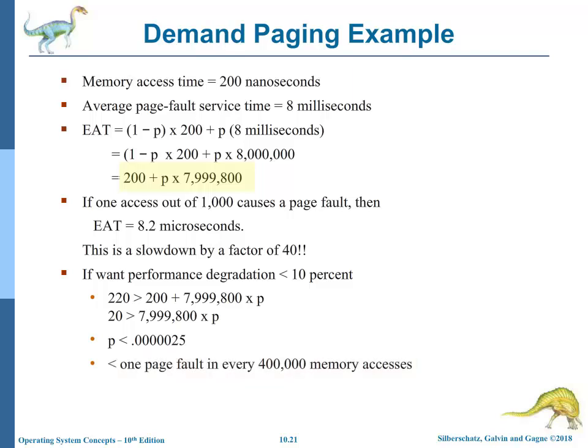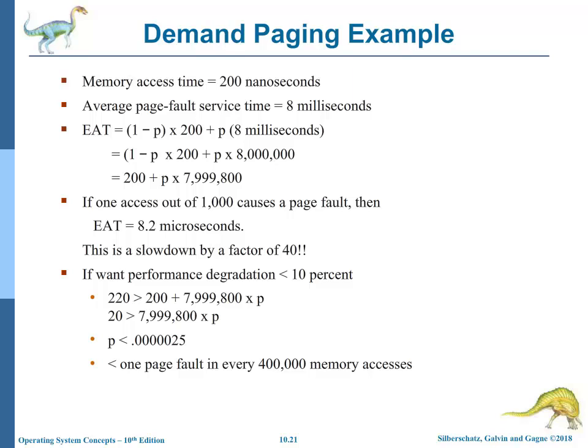So it depends heavily on P. Even if only one access in 1,000 causes a page fault, so P is 1 over 1,000, which is 0.1%, the effective access time drops from 200 nanoseconds to 8.2 microseconds, a slowdown of a factor of 40 times.